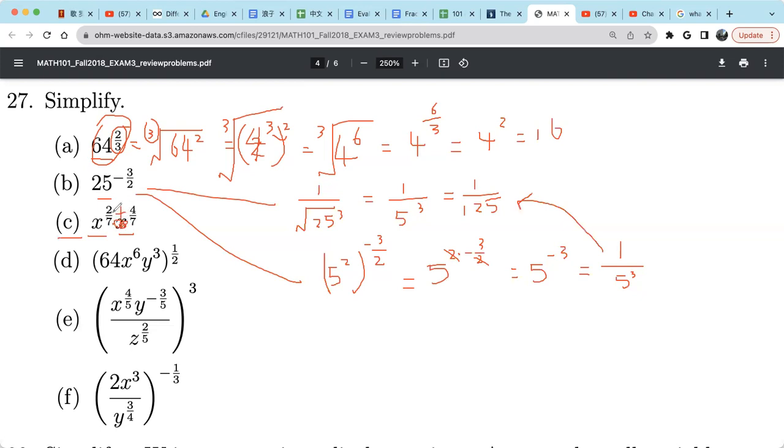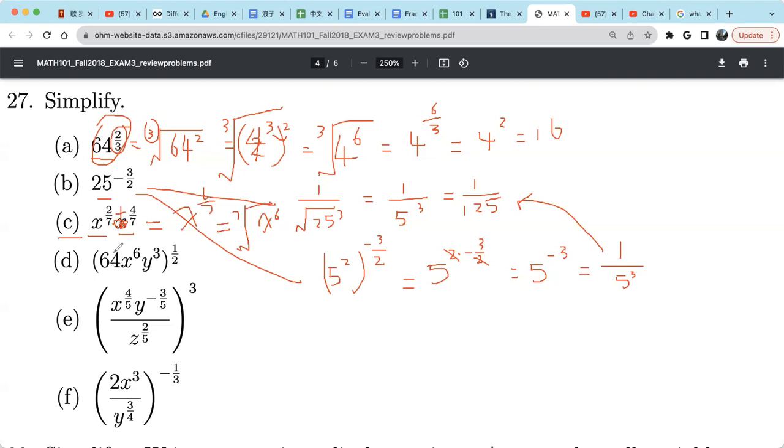So x raised by 2 over 7 plus 4 over 7, which is x raised by 2 plus 4, 6, denominator 7. If we want to write it in radical form, we will write the 7th root of x raised by 6.